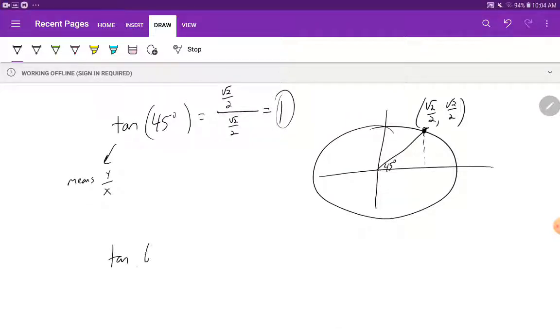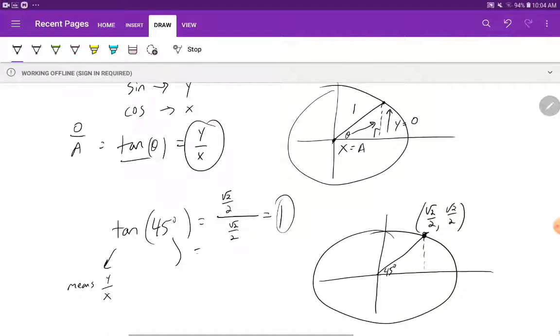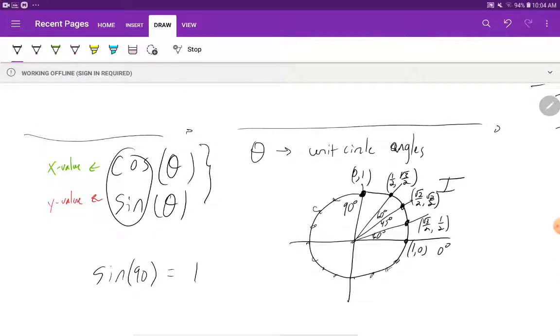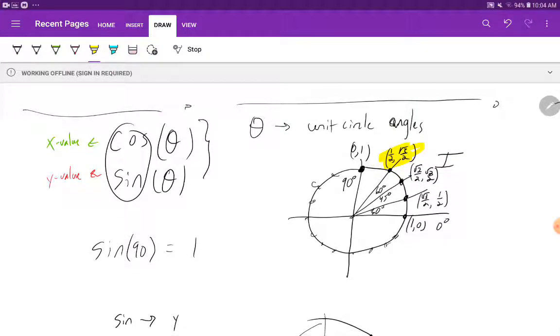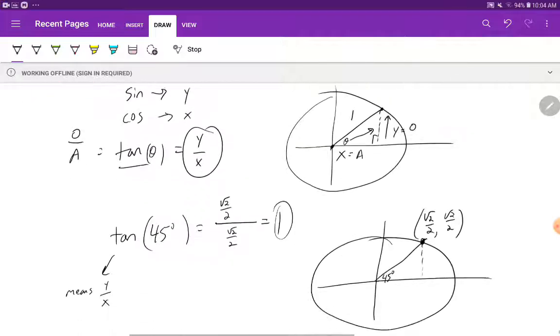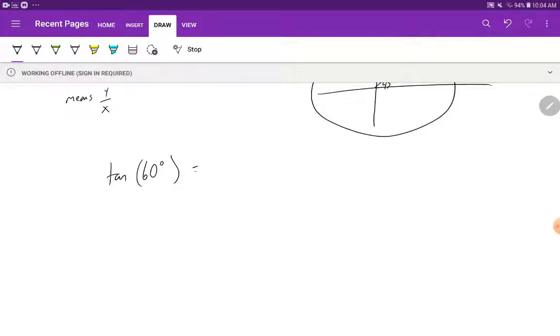Tangent of, let's say, 60 is equal to, I'm just going to cheat and look at my 60 degrees right here. 60 degrees is this guy. So it looks like the x is 1/2 and the y is root 3 over 2. So that means tangent of 60 is going to be root 3 over 2, because that was my y value, over 1/2.